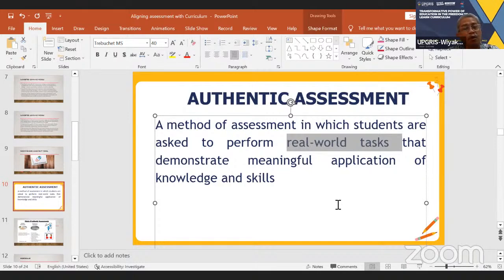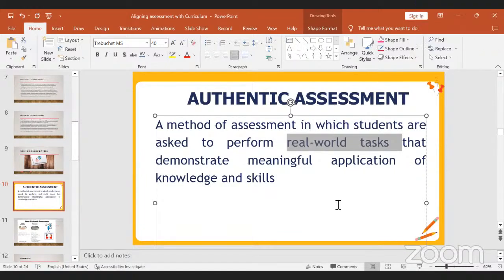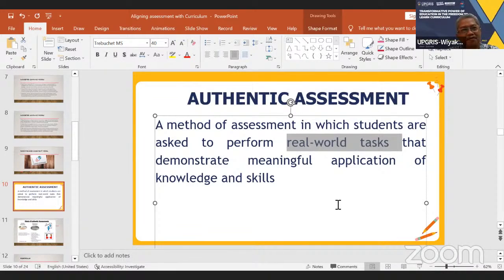So in the real world, let's say in the house, when we read something from a newspaper, for example, or a label that we are interested in, we read the labels, we read the manuals, we read the materials, will it be checked by others in the house, let's say our siblings, our parents, by giving us multiple choice items?